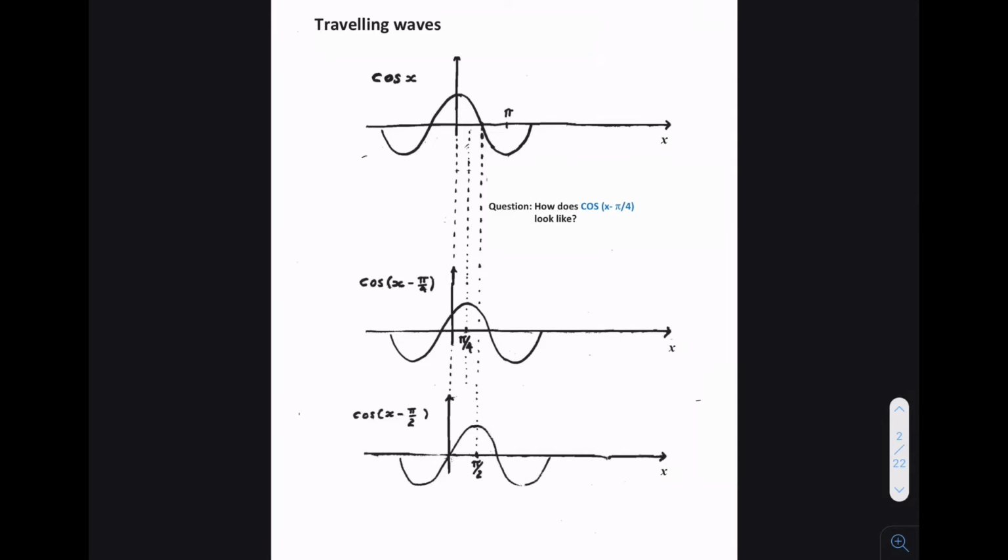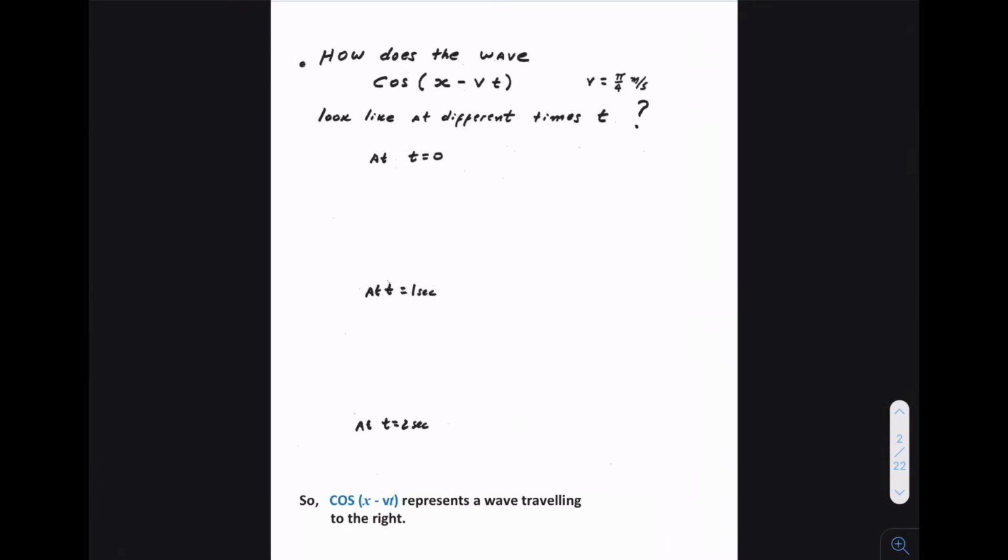And if we change the argument x to x minus pi by 2, then that same curve will shift by the amount pi by 2, like this. Now let's see how the wave cosine of (x minus vt) looks at different times t, where the velocity v is pi by 4 meters per second.